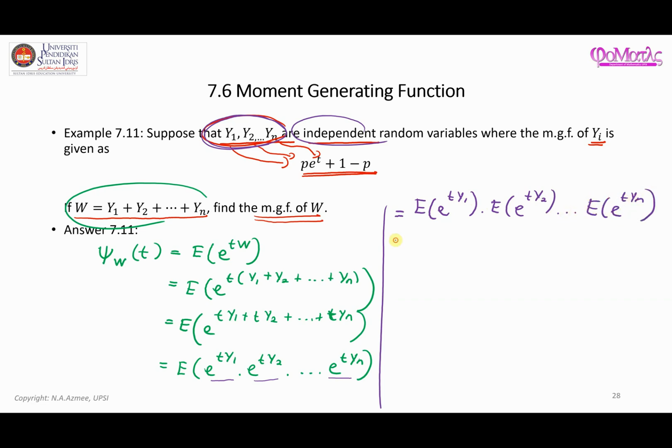So this is just the MGF for random variable y1, MGF for random variable y2, MGF for random variable yn, and the MGF is given by this, so write it down. That is for the first one. The second one is also similar, so write it down, and the last one is also similar.